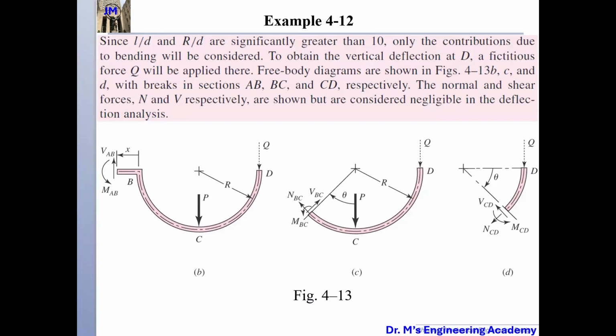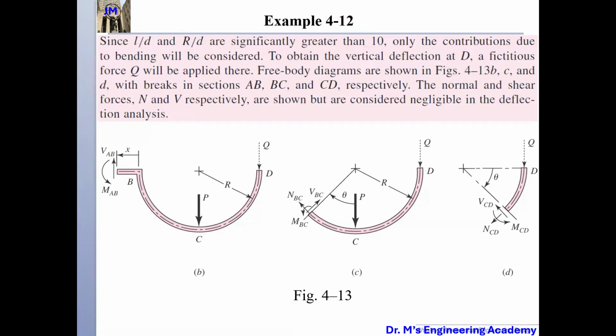It equals this, the whole R minus R cosine theta. This is also R, and R cosine theta equals this.